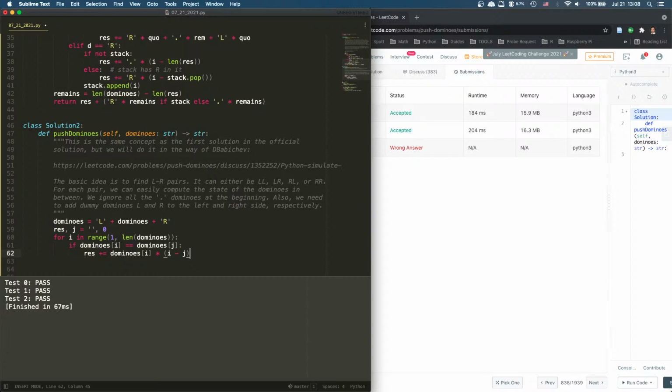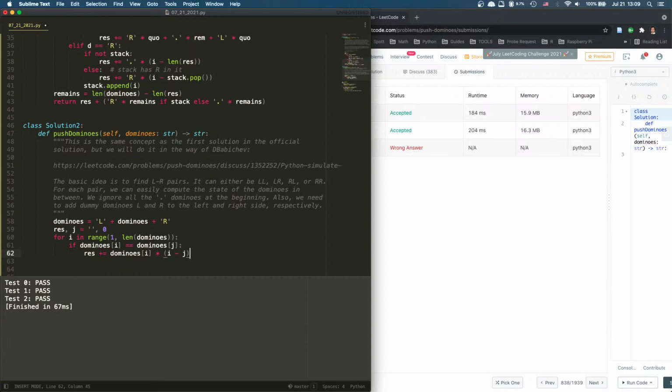Good question. So j is at the front, right? So it has to be minus this. Yeah, that's fine. Right? If it's same, i minus j. That solves the problem. And if we go to the end, where is j going to be placed?